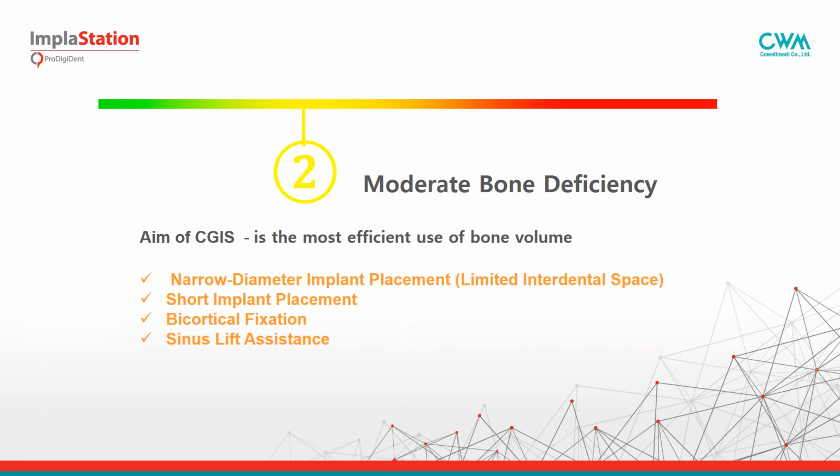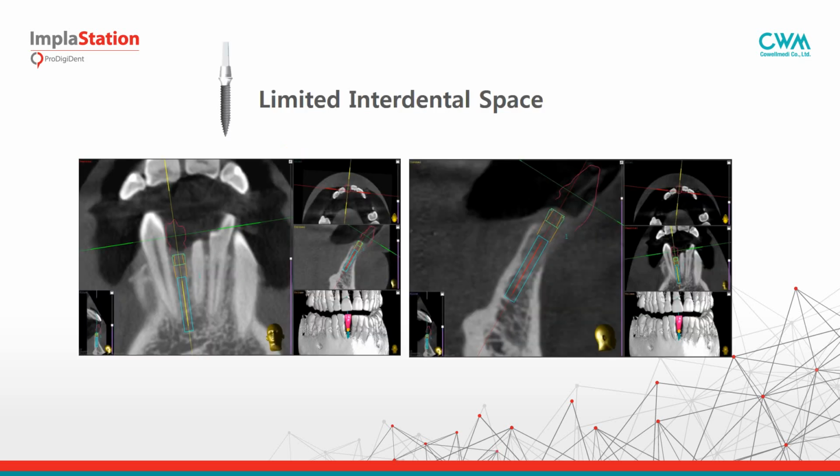So, the next situation: moderate bone deficiency. It looks like a direct indication for applying surgical guides. In extreme cases, special techniques and implant designs may be very helpful. It means narrow and short implant types, bicortical fixation and sinus lift assistance.